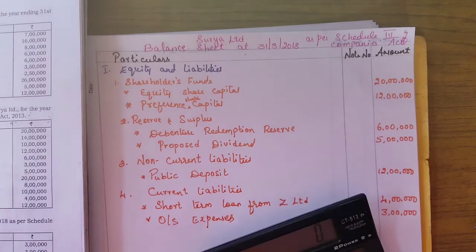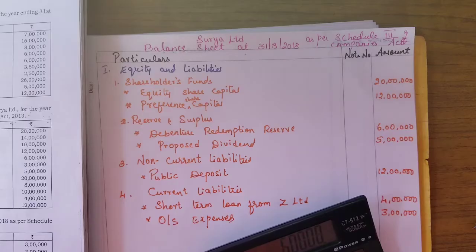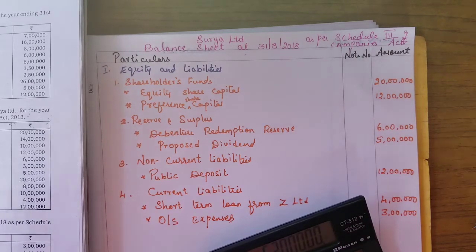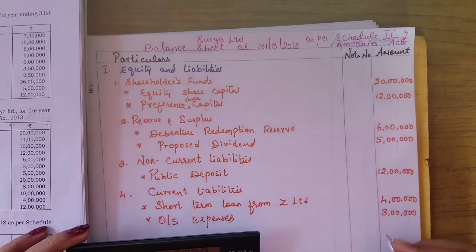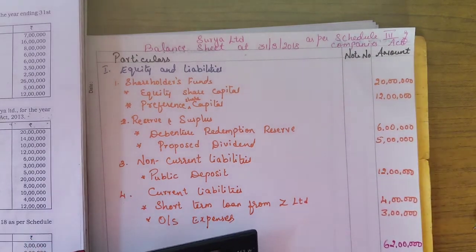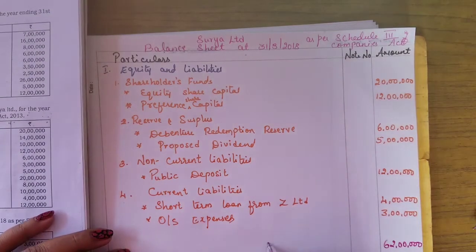Let me do the total. 20 lakhs plus 12 lakhs plus 6 lakhs plus 5 lakhs plus 12 lakhs plus 4 lakhs plus 3 lakhs. So it's all 62 lakhs, the total amount of the equity and liabilities.